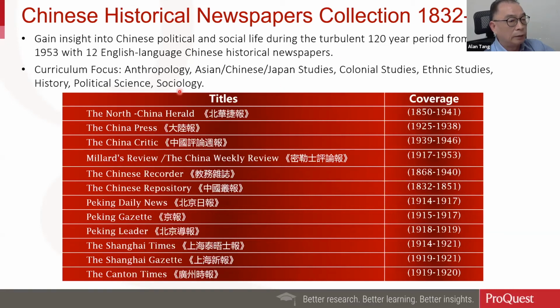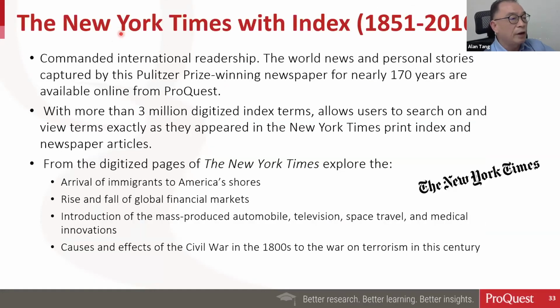And it's a very good resource if you study Asian, Chinese, Japanese colonial studies, ethnic studies, political science, social science in Asia. Okay. And the very famous New York Times with index, and I would like to point out the index is only from 1851 to 1993.